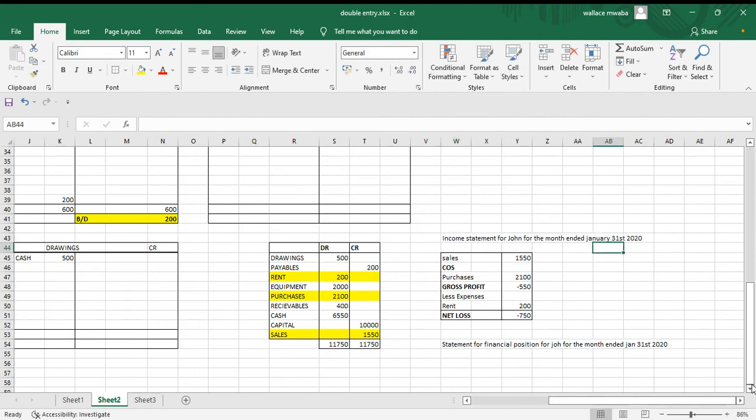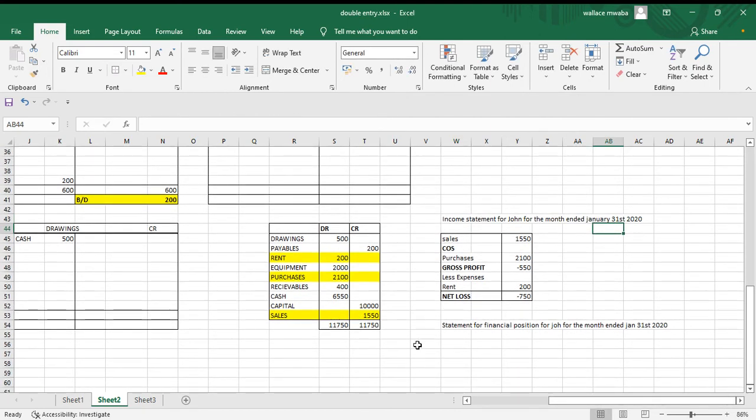What goes in our balance sheet? The assets, liabilities, and capital. So it's going to say fixed assets. What are our fixed assets here? Fixed assets here is equipment.